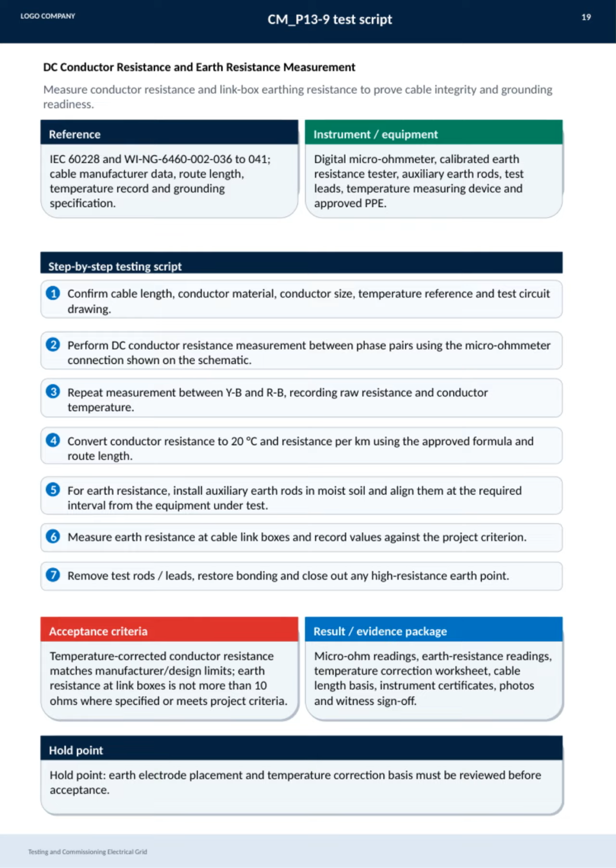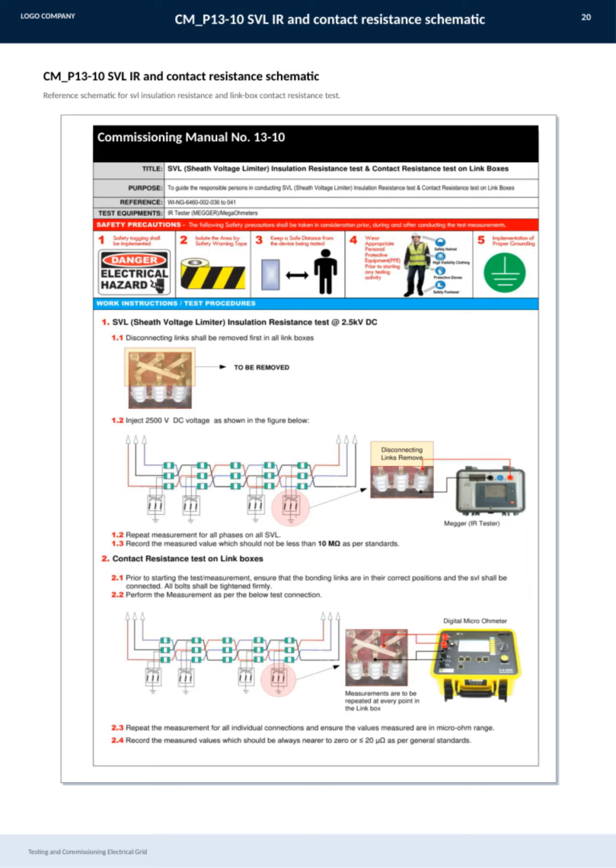Finally, the result package includes micro-ohm and earth resistance readings, temperature correction worksheets, cable length documentation, instrument calibration certificates, photos, and witness sign-off. A critical hold point requires review and approval of earth electrode placement and temperature correction methods before acceptance.